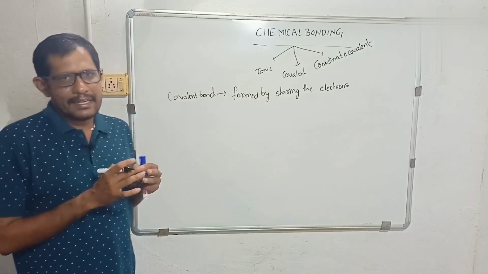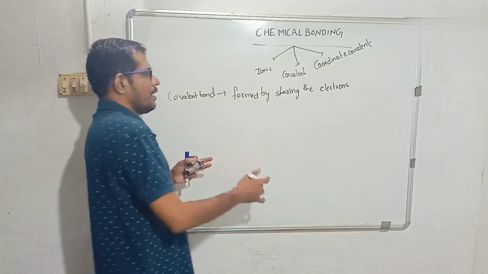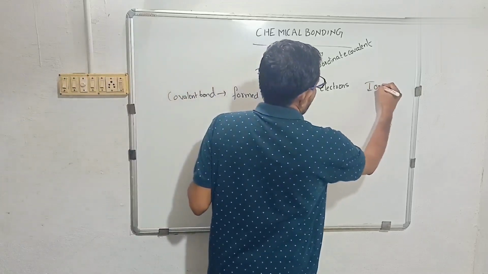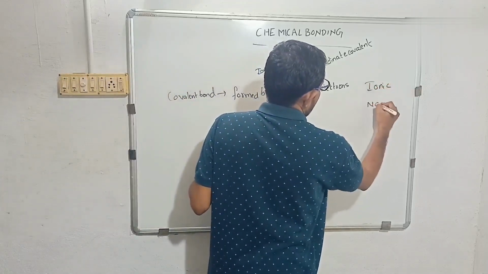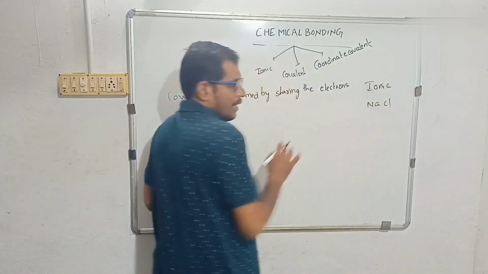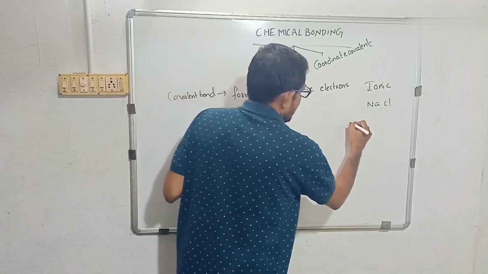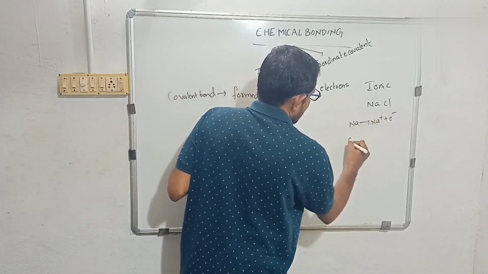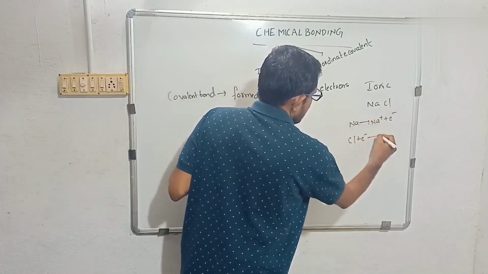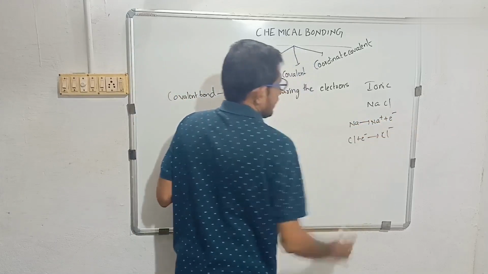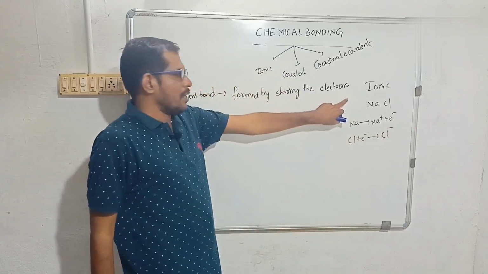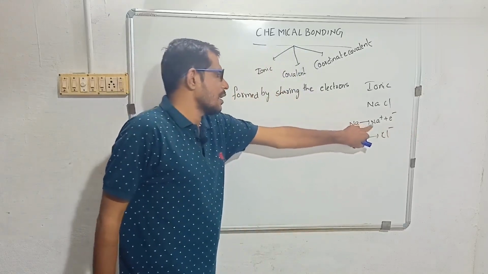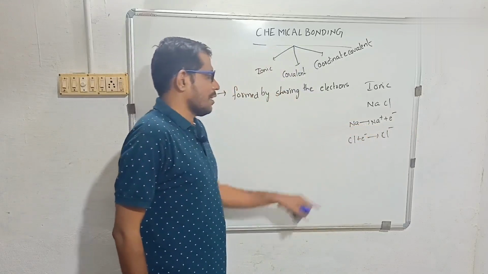If you take NaCl, in ionic bond, what is happening? Na becomes Na plus by losing an electron.